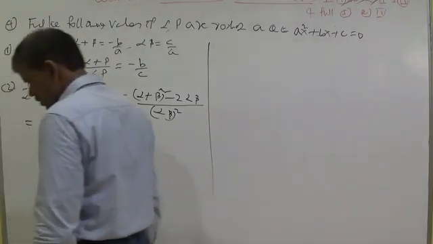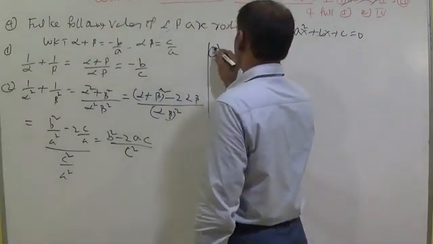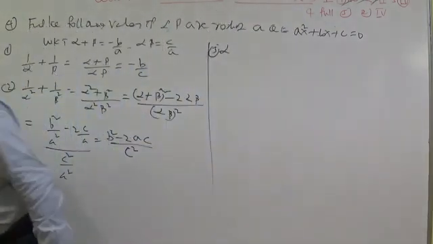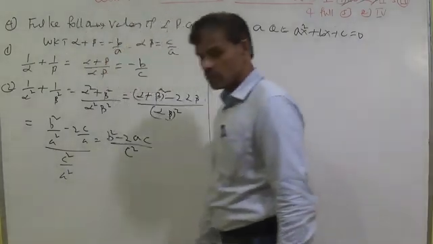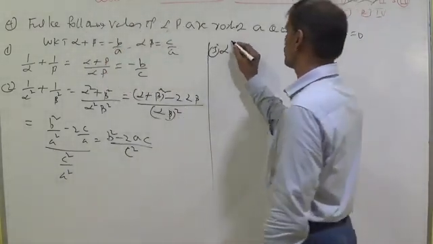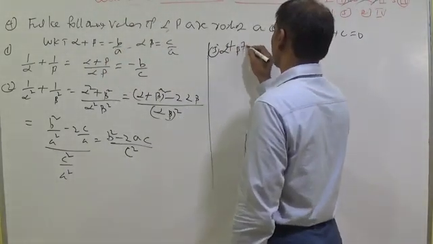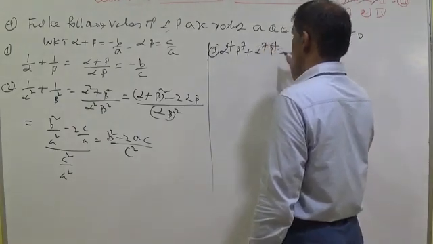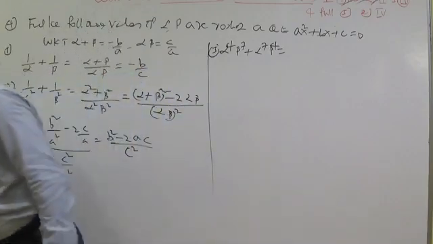Next question, third one. Alpha power 4 beta power 7 plus alpha power 7 beta power 4.